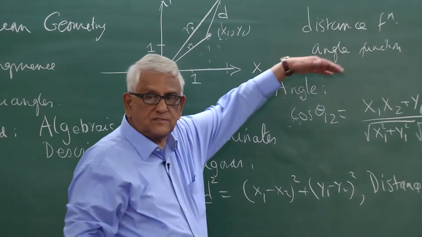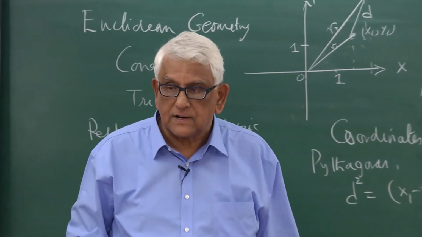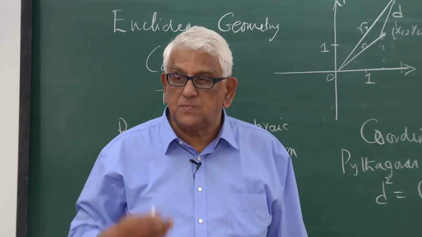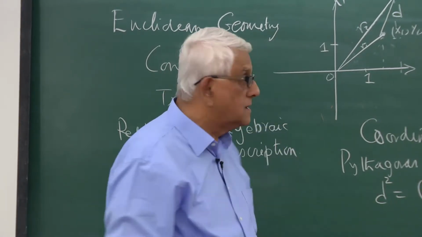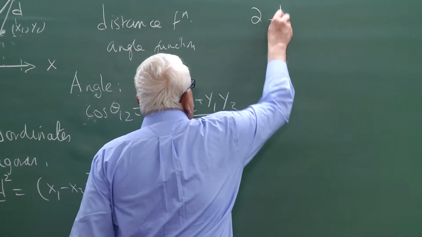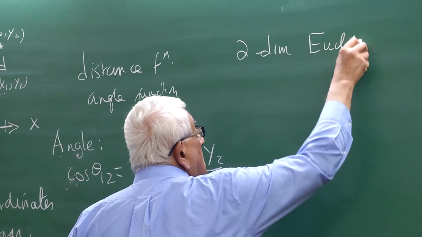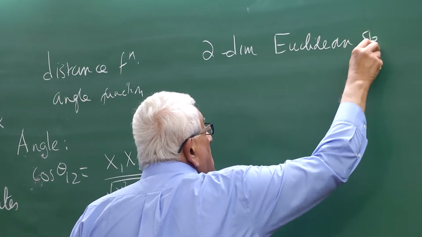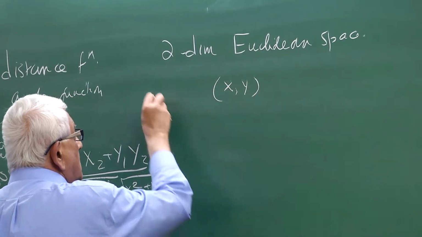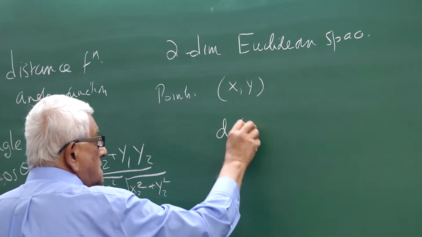Even this is not necessary. Once you have the distance function, you can figure out the angle function. So, the space, Euclidean space, 2-dimensional Euclidean space is points and a distance function.